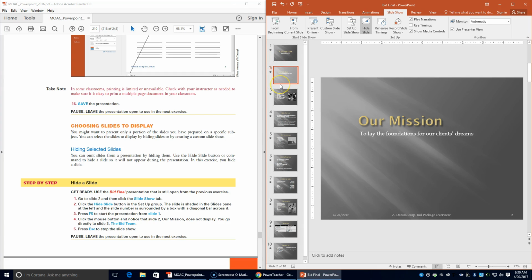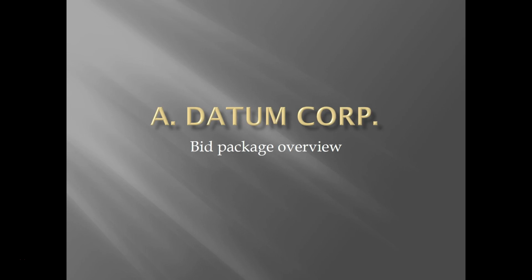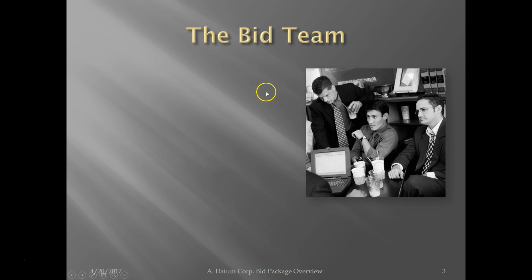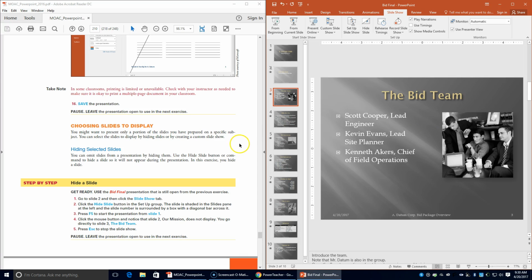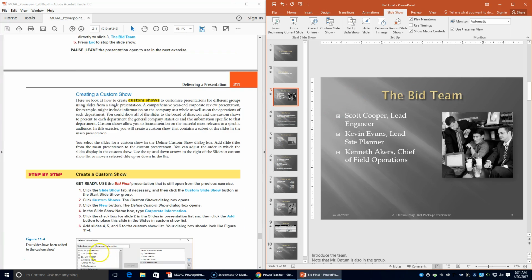We're going to press F5 to start the slideshow, and as you click, it should skip that slide. Okay. Click the mouse button and notice that slide 2, our mission, does not display. Should go to slide 3 and it should have set the bid team, which it did. Okay.